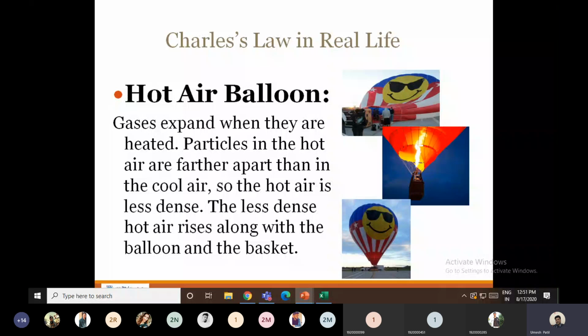It will carry the balloon, and as the balloon is fixed with the basket, the basket is also carried along with that hot air into the atmosphere, and we can reach the required elevation as well as travel a certain distance through a hot air balloon. So the hot air balloon works on Charles law. This is a real life example of Charles law.